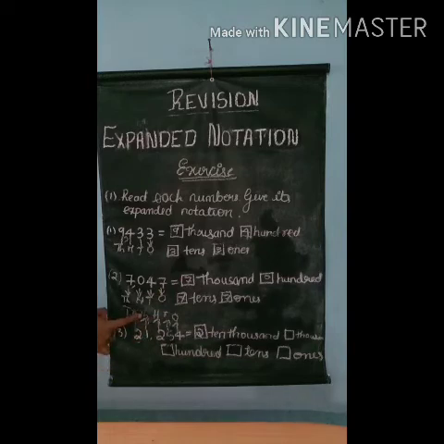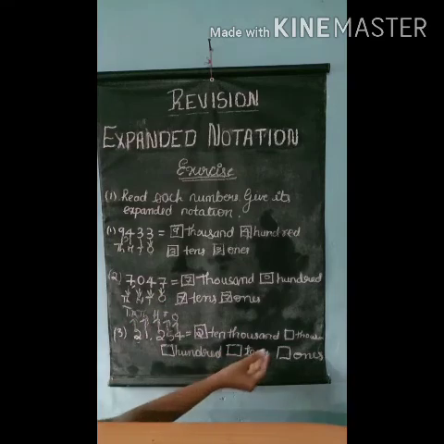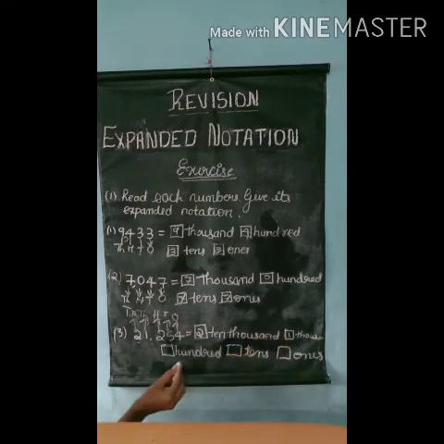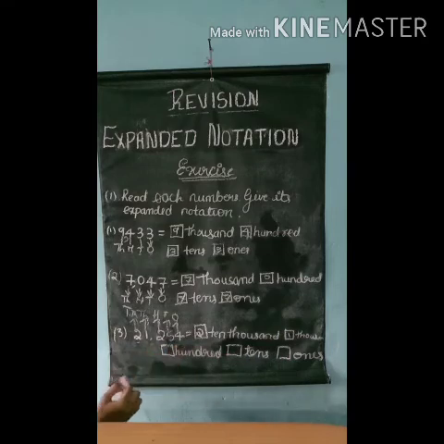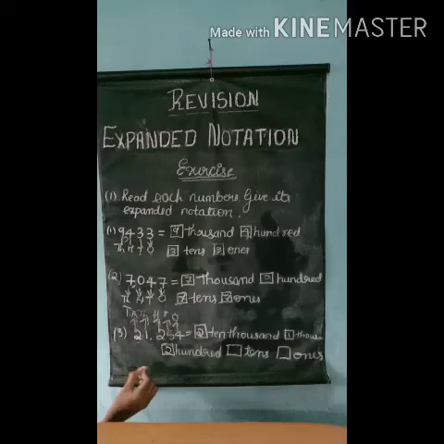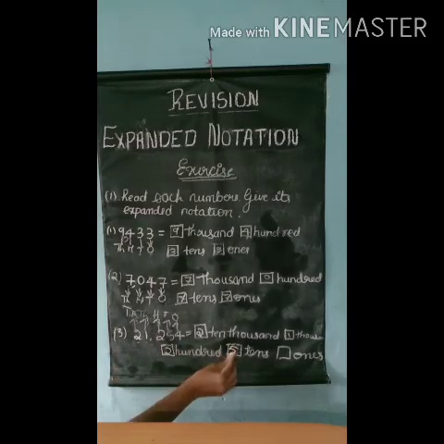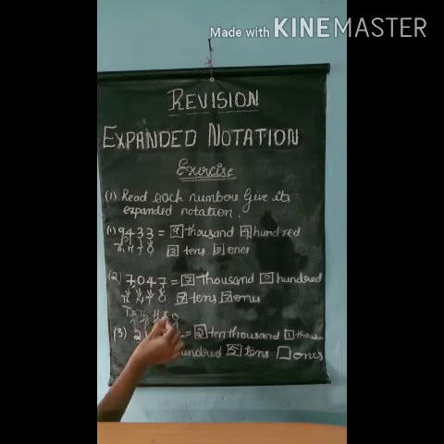Now 1 in which place here? 1000 place. So 1 multiplied by 1000. So again 2 in which place here? 100 place. So 2 multiplied by 100. The next one is a 5 tens, because 5 is in tens place.